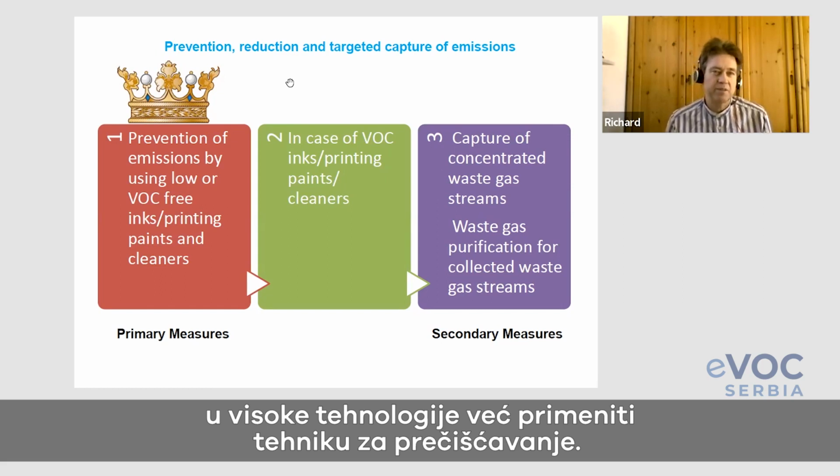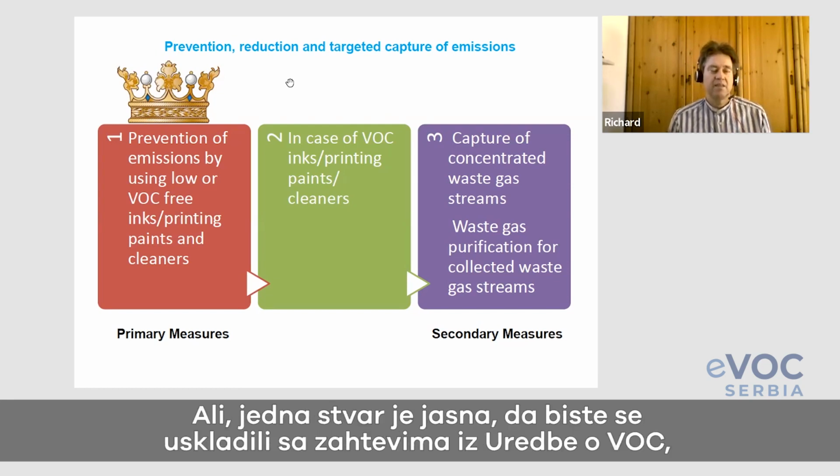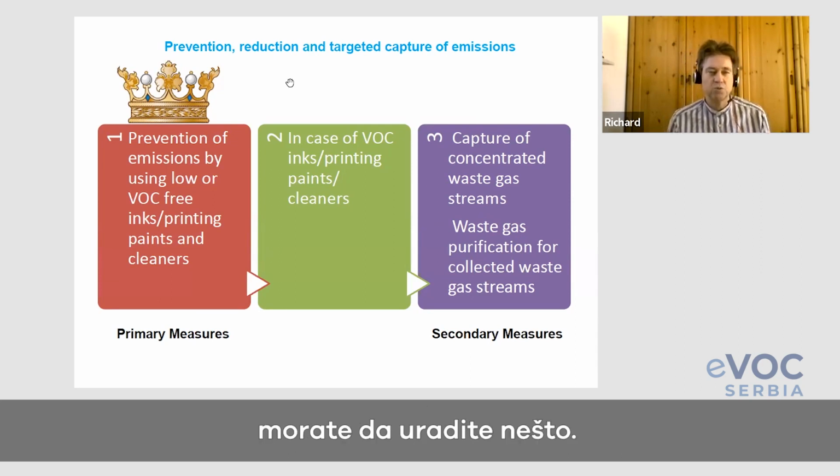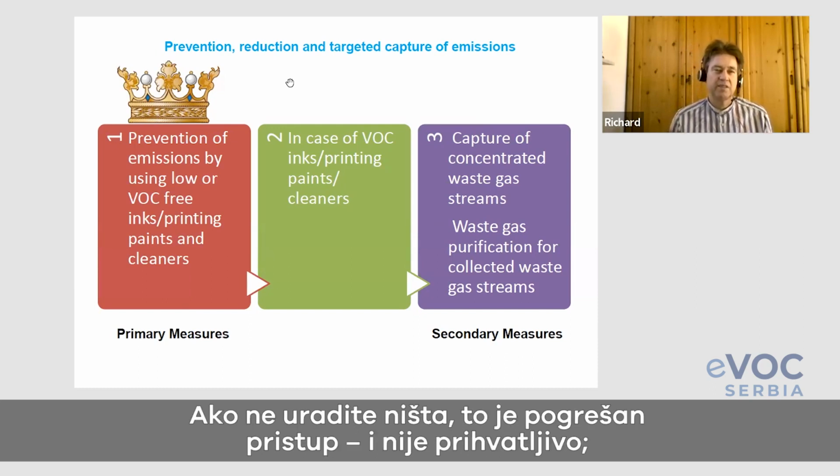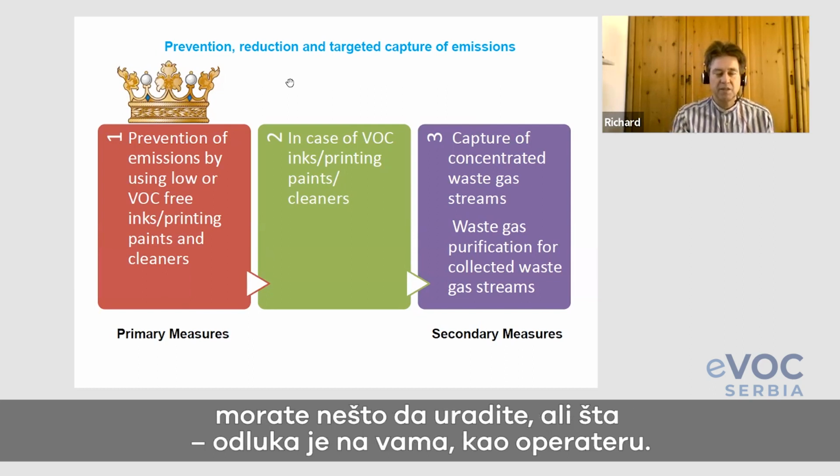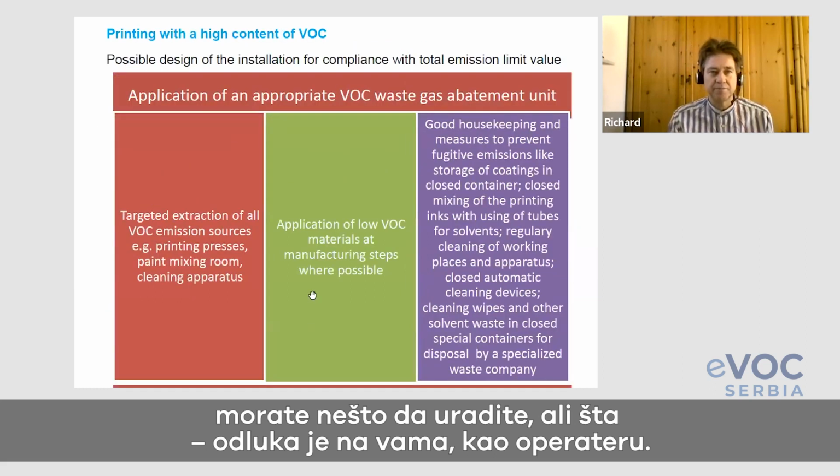Then maybe it's better to try to switch to a waste gas abatement technique. But one thing is clear: for compliance with the VOC decree, you must do something. Doing nothing would be the wrong approach. It cannot be accepted. So you must do something, but the decision is up to you as operator.